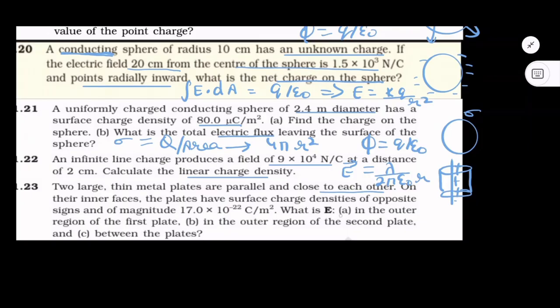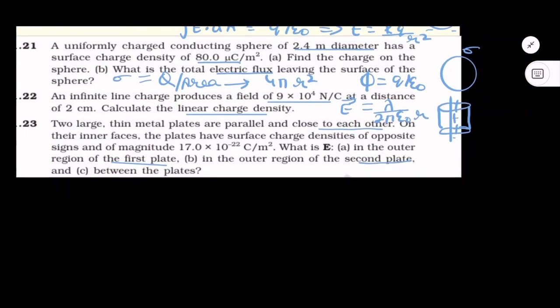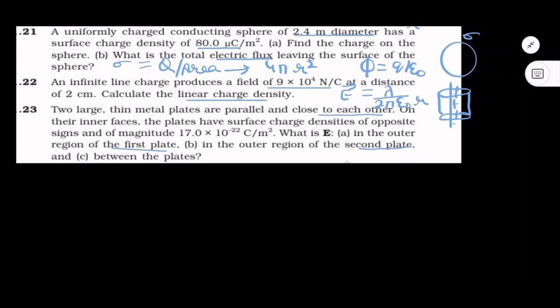What is the electric field in the outer region of the first plate, in the outer region of the second plate, and between the plates? First we have to analyze the situation. They have said two large thin metal plates, so let me draw two metal plates, parallel and close to each other. For understanding, I am making it at some distance, but they are kept close to each other.